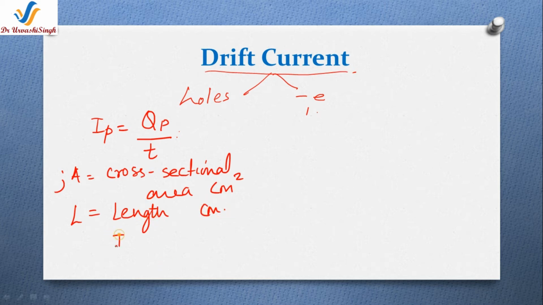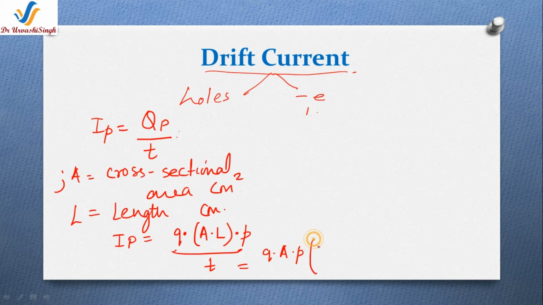So this Ip can be written as q into A L, and total hole concentration is p, upon t, or it can also be written as q A p L upon t, and this L upon t is the drift velocity of the holes, Vp drift.